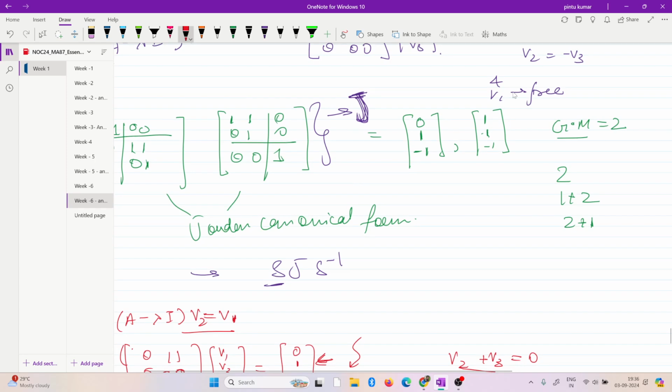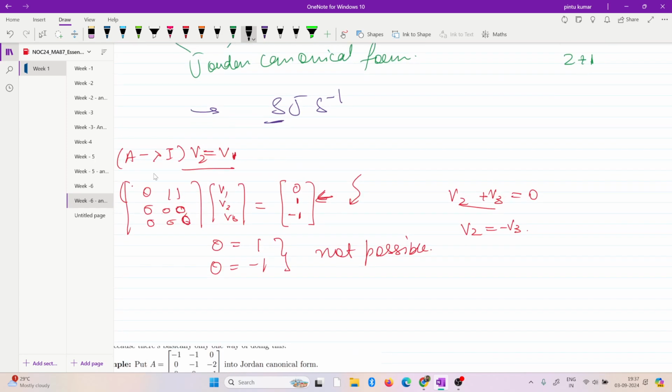Now if you look at the second one, what we had is that my v1 variable is free and you should satisfy the condition v2 is equal to minus v3, right? But if you look at this (A minus lambda I) times v2, your second and third entries are always 0. So we want an eigenvector for which your second and third entry is 0.